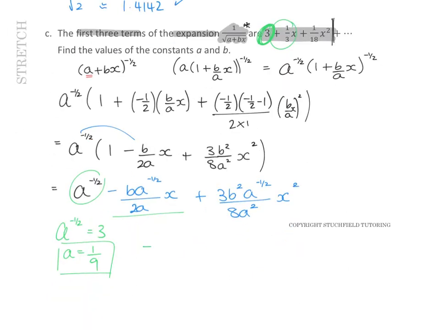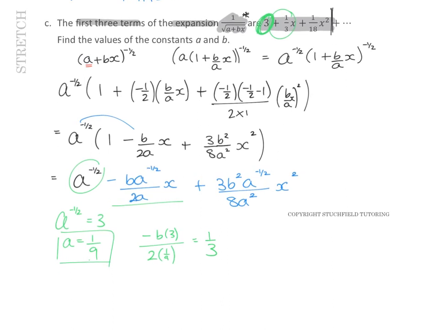So minus b, but now I know what a to the minus half is from here, so I can put a 3 in there for that, and that's over 2, and a is a ninth, equals a third.